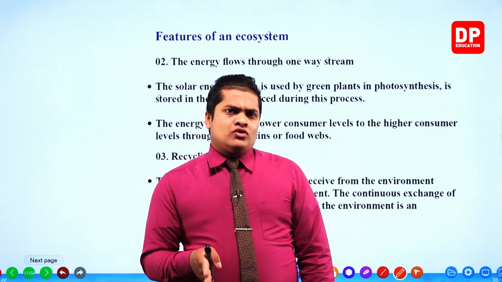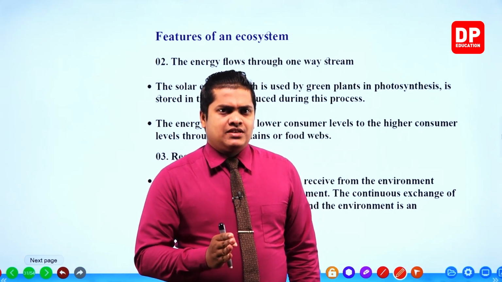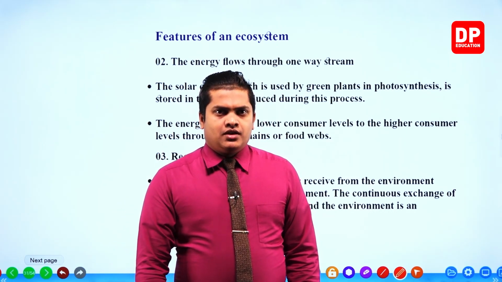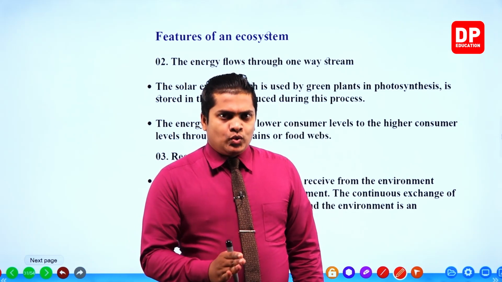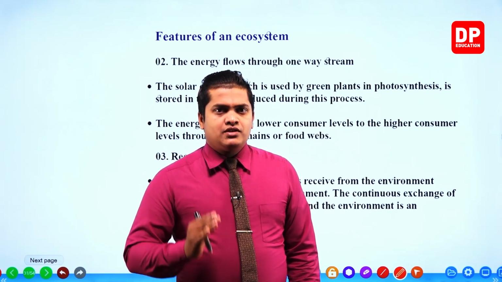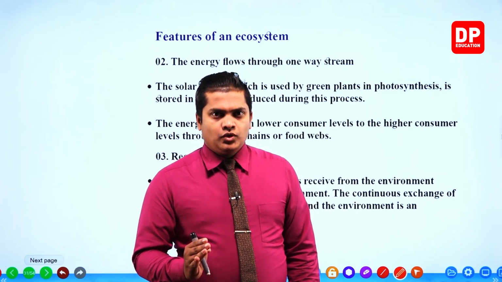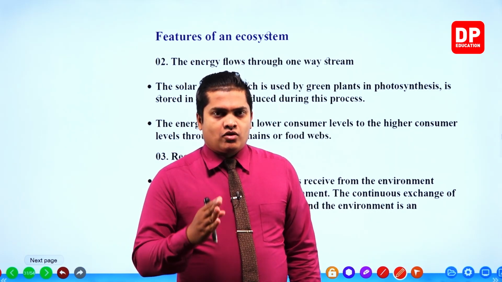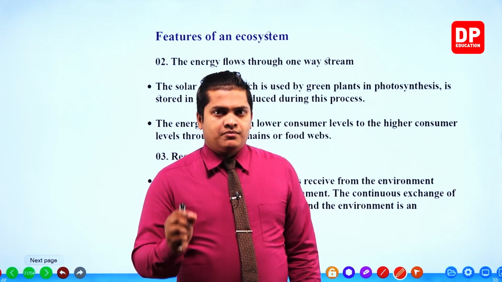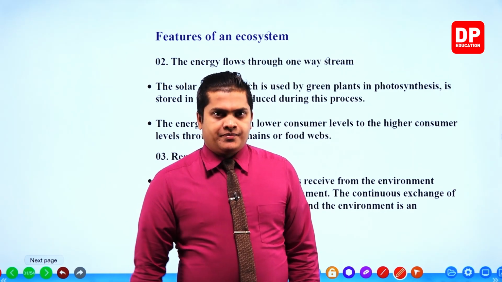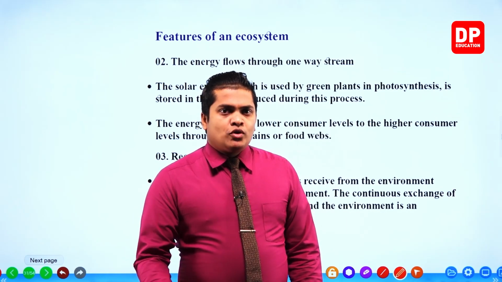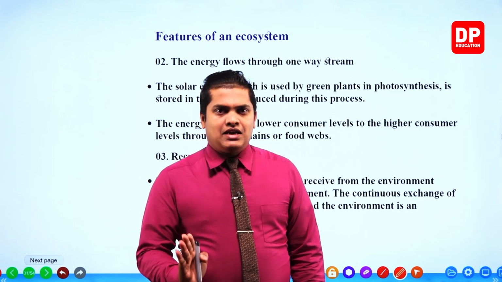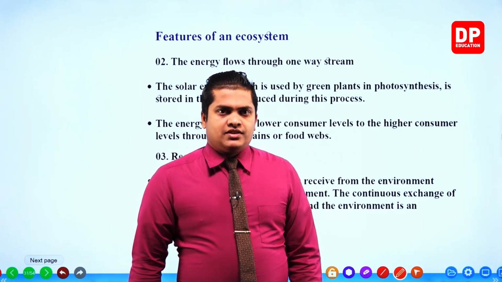You know that photosynthesis is the main process which converts solar energy to chemical energy. Plants use solar energy to produce food. Chlorophyll helps in that process. Chlorophyll is the one which helps to absorb solar energy. So this absorbed solar energy is converted into chemical energy during photosynthesis.